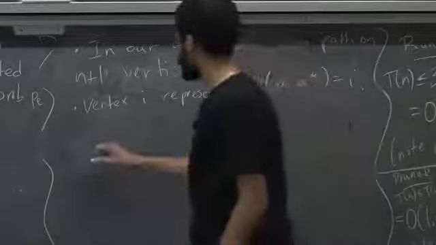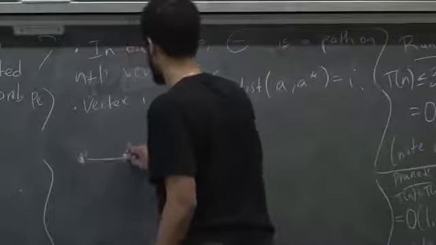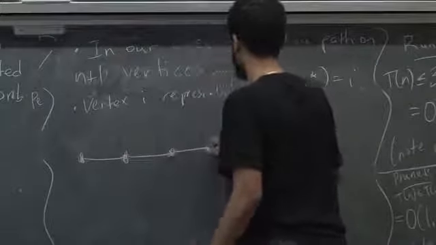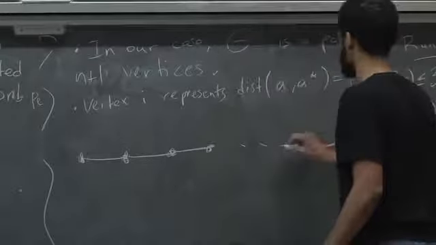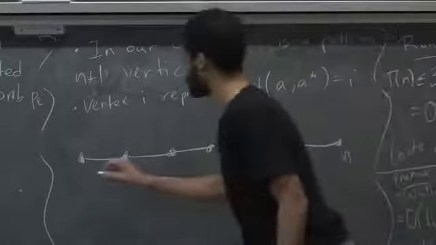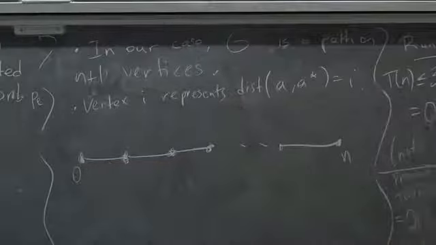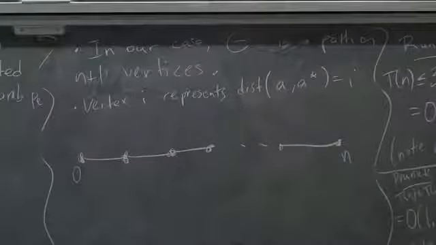So here's our graph. It doesn't represent a specific assignment, so there are many assignments which might map to the same vertex. It only looks at the distance between our current assignment A and some fixed A star. There might be multiple satisfying assignments, we're just going to fix one of them, and we're going to look at the distance to that.